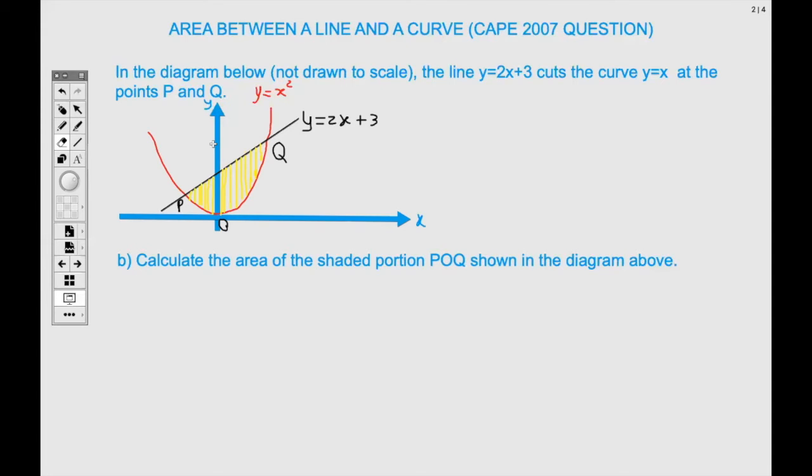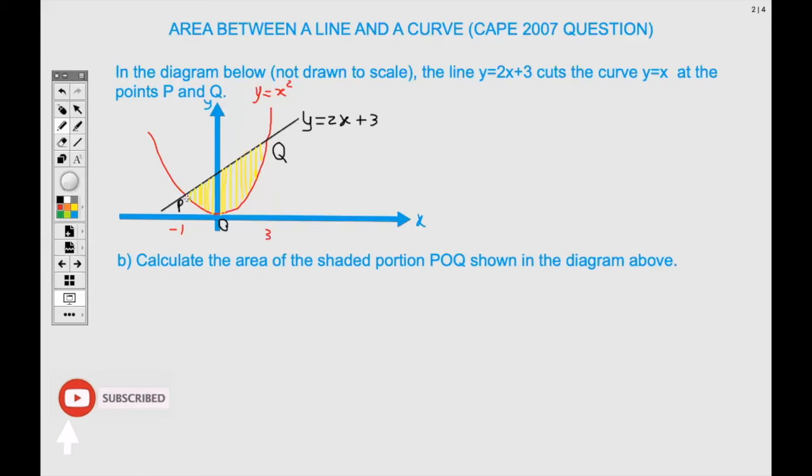So now we're going to find the area between the line and the curve. We're asked to find the area of the shaded region, which is the section POQ. Now, first, let me just remind you of the x values for P and Q. That's what we're going to use here.